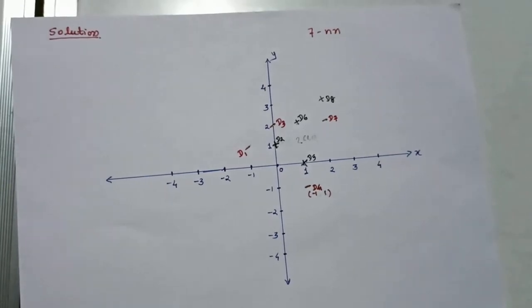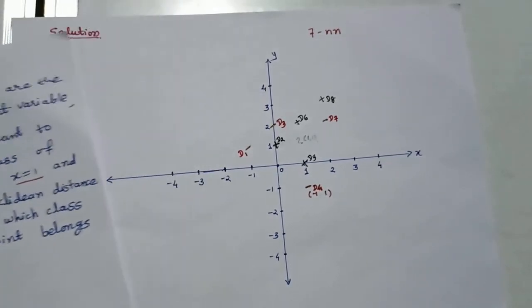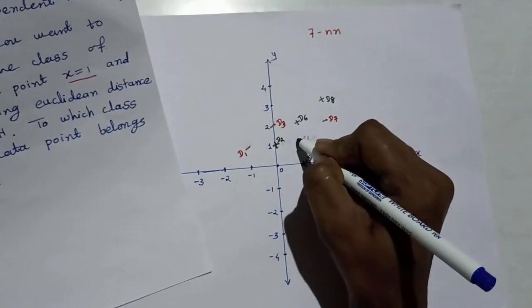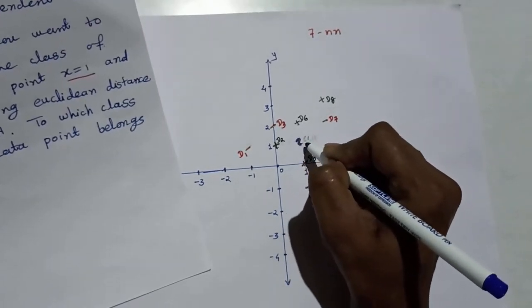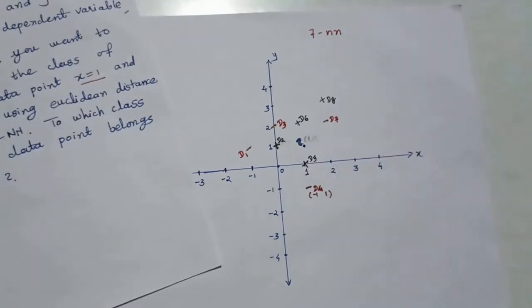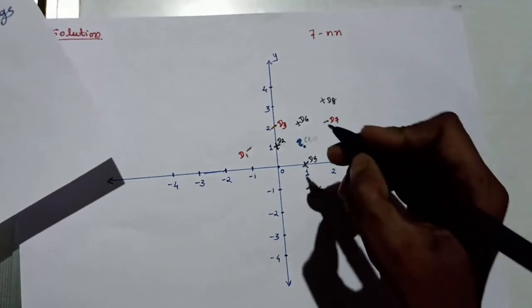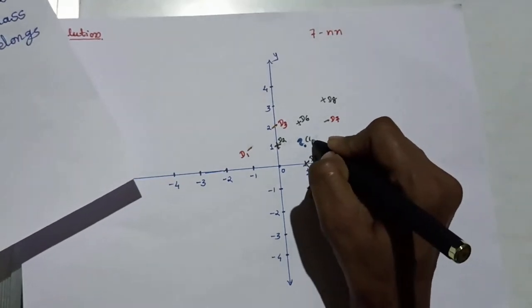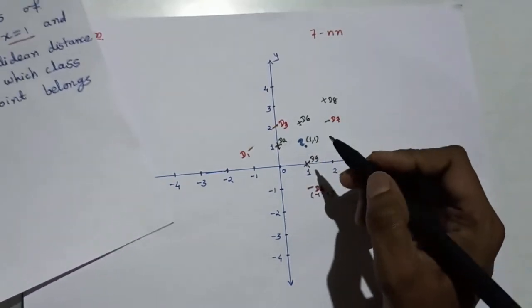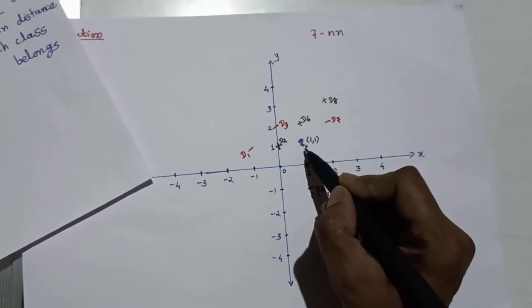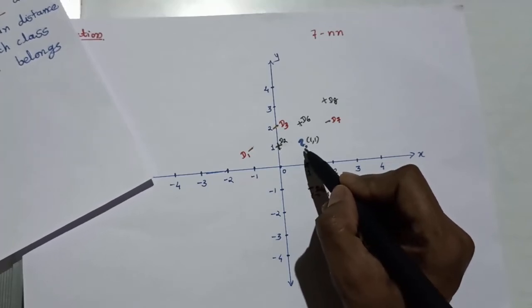Now what we have to do is find the class of this test data point. So this is the question mark data point, that is the test data point whose values are given, that is 1, 1. For this we don't know the class of this test data point. So here the question mark is given, and we have to predict it.